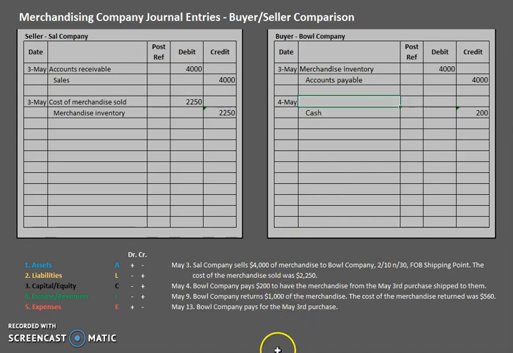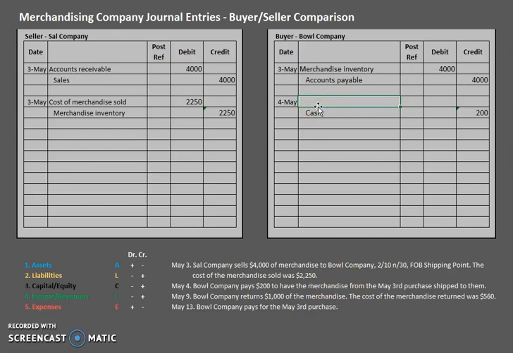If this were a seller paying for FOB destination, then it would be an expense. However, there's this very important rule where a buyer will always value its inventory at whatever it had to pay to get it to it in working condition. So when we see that $200 is for shipping for merchandise, that's not going to be an expense.